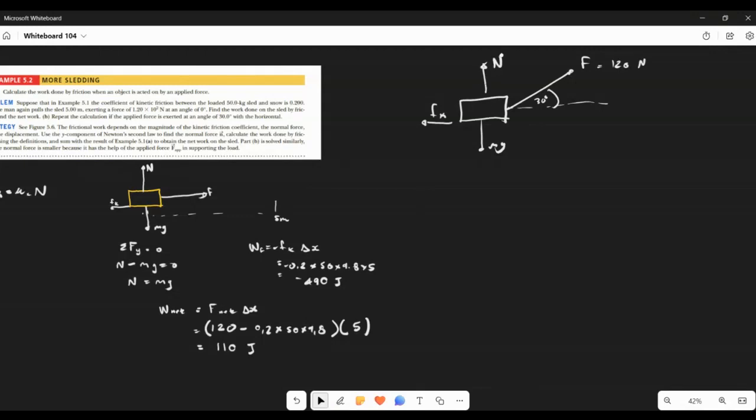So the first step, as I mentioned to you in class last week, Thursday, is you're going to have to sum up the forces in the y direction, right? You want to get the normal force again, but obviously there's a spin because it's at an angle. I like this question. The first step is to get the normal force in terms of all the other variables. I'll give you guys 5 minutes for that.